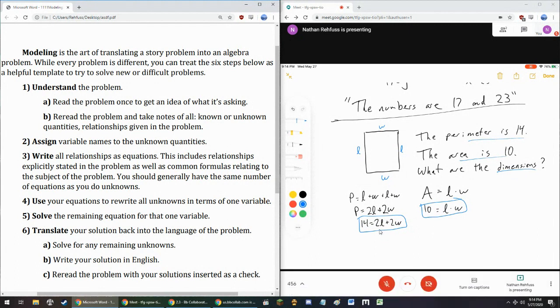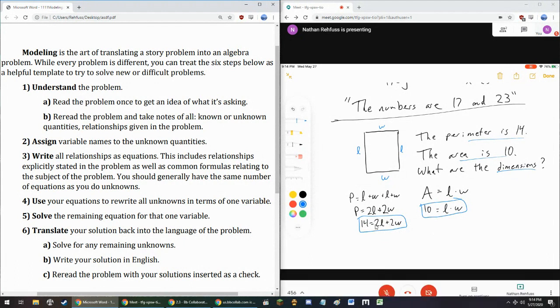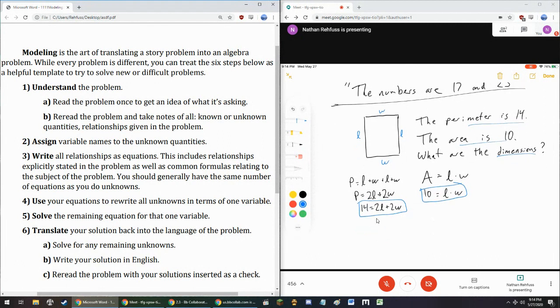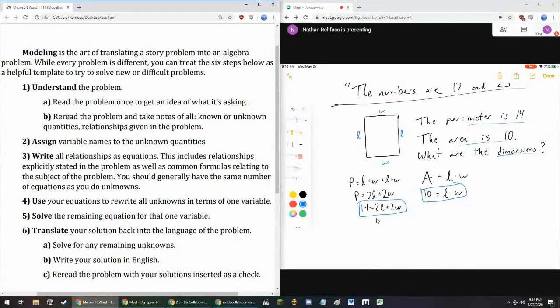So let's take a look at this equation. Looking at this, I could definitely get one of these by itself without fractions. In fact, we've got a greatest common factor here. I can divide both sides by 2 right away. That's not normally how I'd start, but I can say 7 equals L plus W, and that's just a little bit nicer to work with.